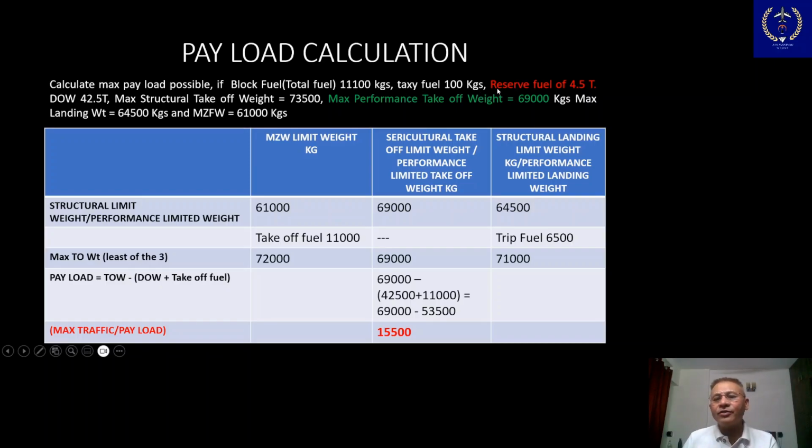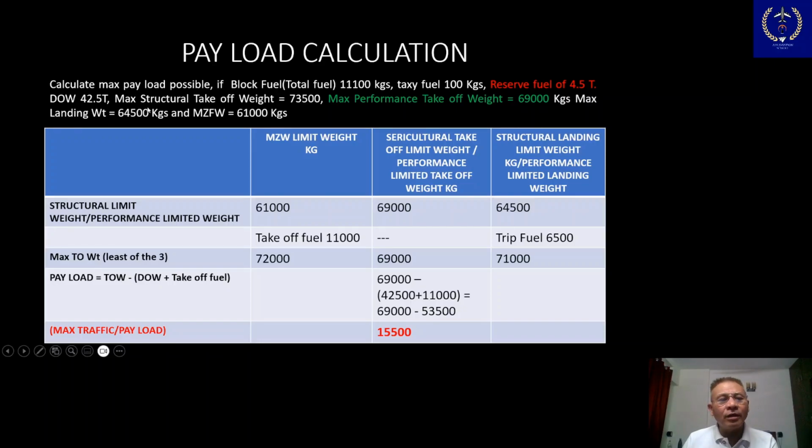That is, the first is the reserve fuel. So in order to calculate, what we need is the trip fuel. If we have the takeoff fuel and subtract the reserve fuel, what we get is the trip fuel. So that is how we go about it. And the second highlighted portion, which is in green, is the maximum performance limited takeoff weight.